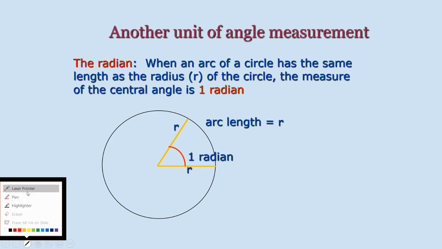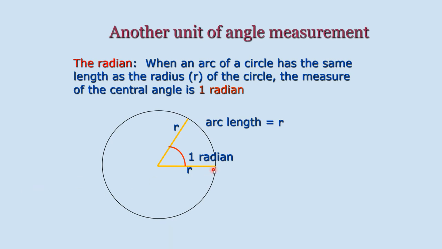Let me get the laser pointer. So think of a piece of string that you would take and wrap around the circumference of the circle and then straighten it out, and the length of that arc would be equal to the radius. So then in terms of the arc length, we say that the central angle has a measure of 1 radian when the radius equals the arc length.